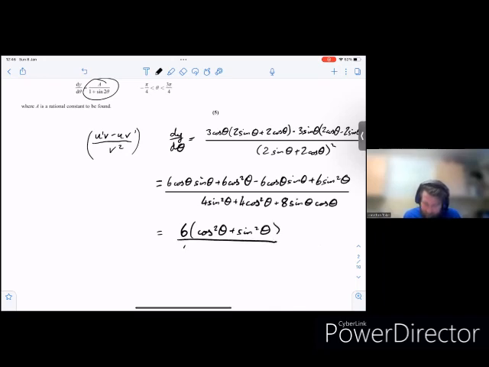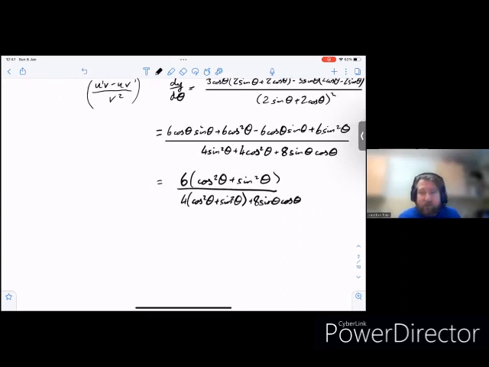And then on the bottom, we've got 4 cos squared plus sine squared plus 8 sine theta cos theta. So using the identity cos squared theta plus sine squared theta equals 1, we get 6 over 4 plus 4 sine 2 theta.